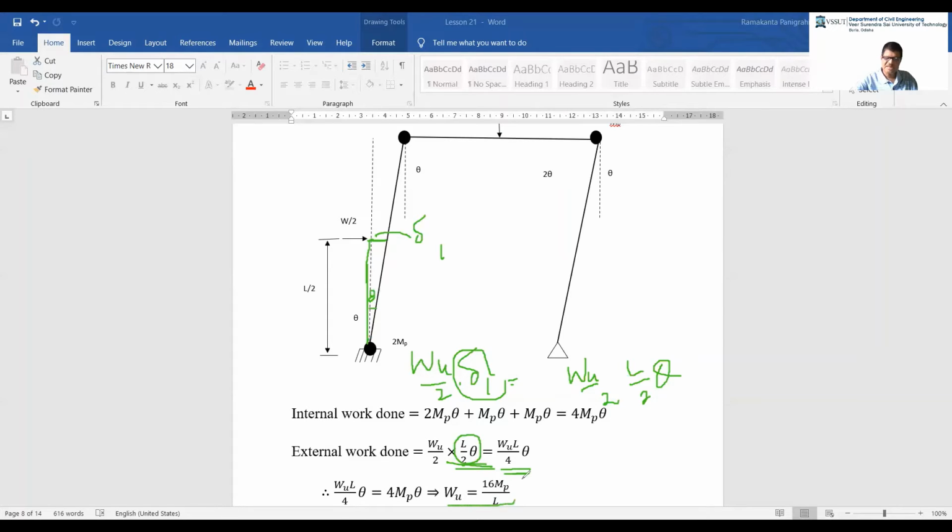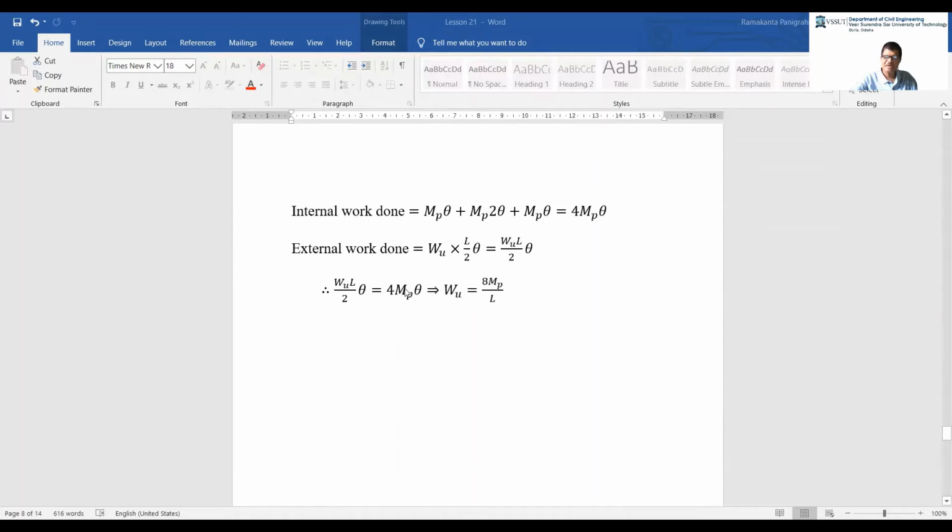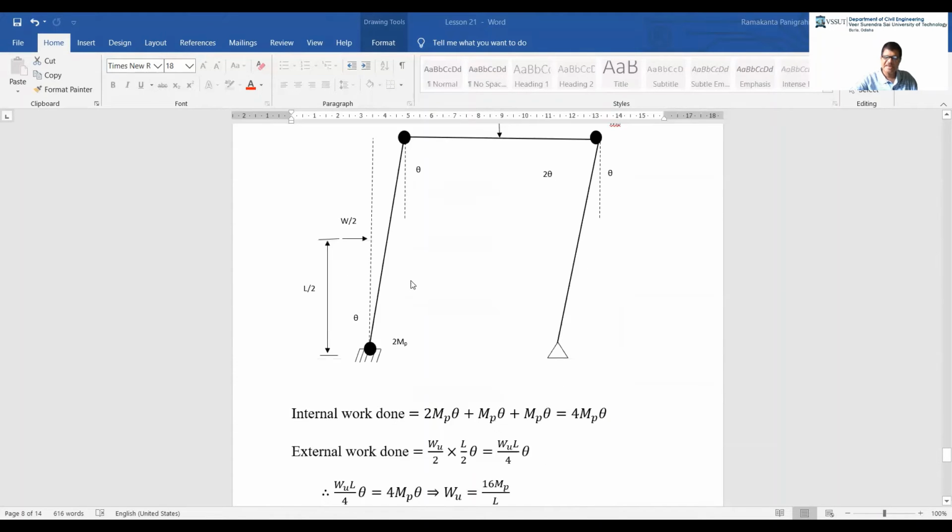So W becomes 16 Mp by L. Now from all these, what do we find out? Taking beam mechanism 1, beam mechanism on the frames, and the sway mechanism, 8 Mp by L is the least.